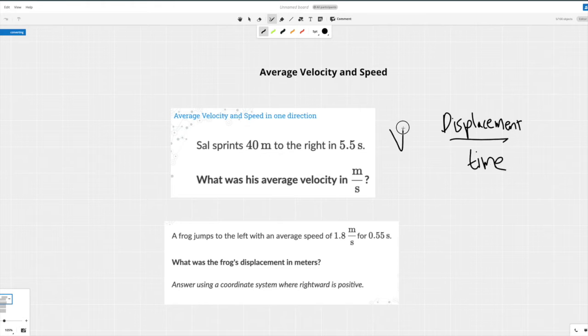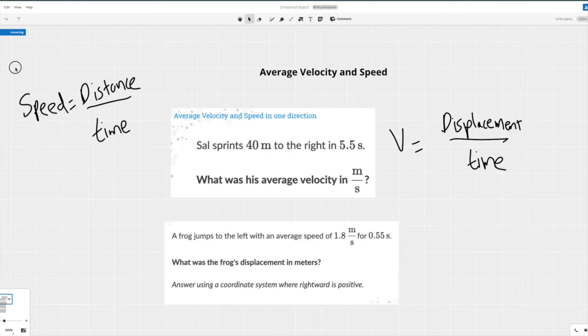This is velocity, and then speed, which I'm going to write over here, is distance over time. So they're different things, and we're going to see what is really the difference between velocity and speed, and we're going to be doing those kinds of calculations.